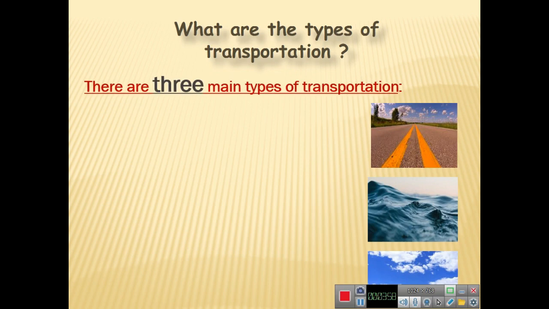There are 3 main types of transportation as you see in the pictures. 3 main types. The first one is the ground transportation. Ground transportation. We'll move things, people and goods on the ground, on roads.